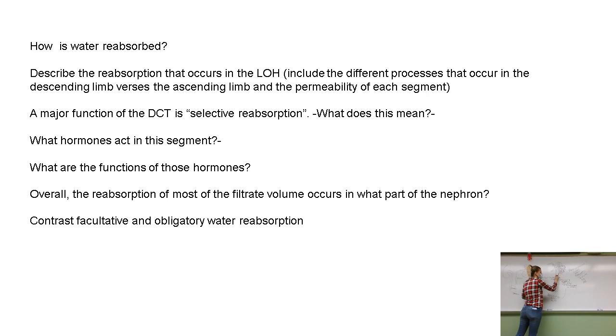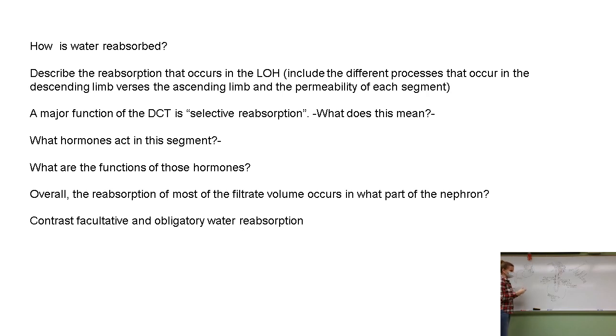We have pumps that allow us to reabsorb sodium all along this ascending limb. So we're actively pumping out this sodium. So in the ascending limb, we're actively pumping sodium out. So we reabsorb sodium.